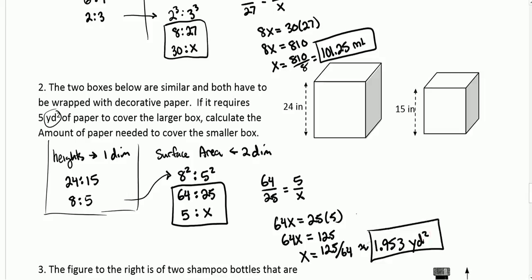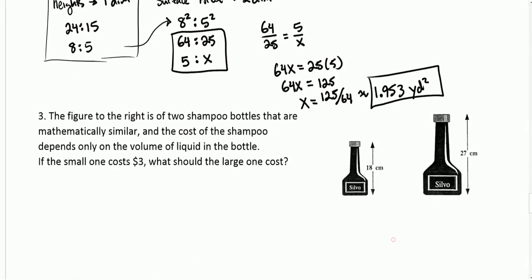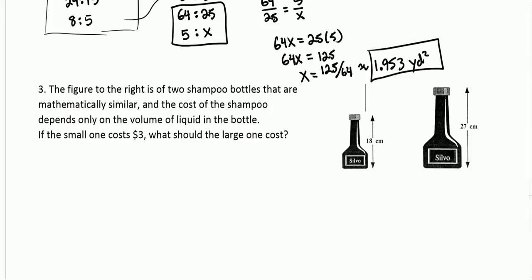Number 3, the figure to the right is of two shampoo bottles that are mathematically similar, and the cost of the shampoo depends only on the volume of liquid in the bottle. If the small one costs $3, what should the large one cost? Okay, so again, in the picture they show you the comparison of heights. Remember, heights is a one-dimensional thing, and we have the small to large ratio 18 to 27.